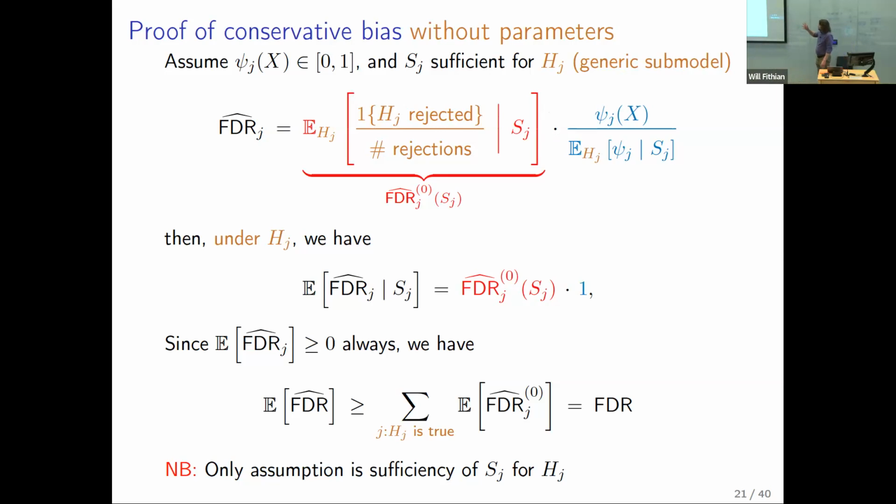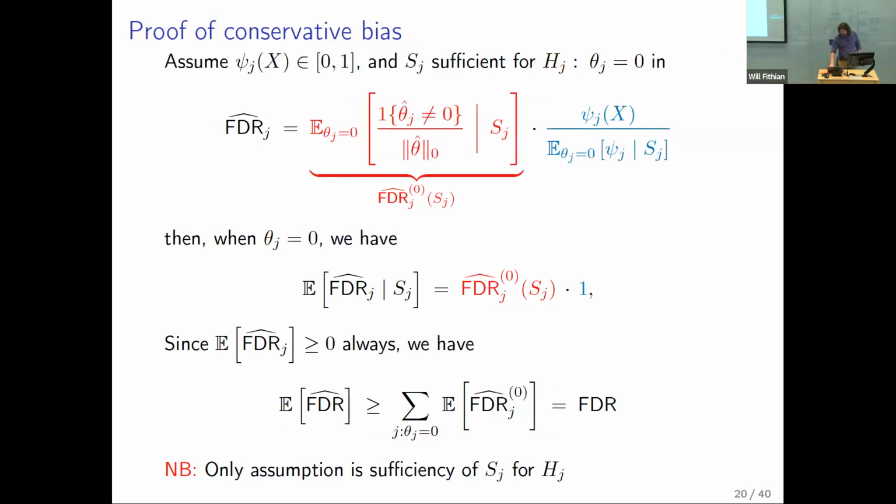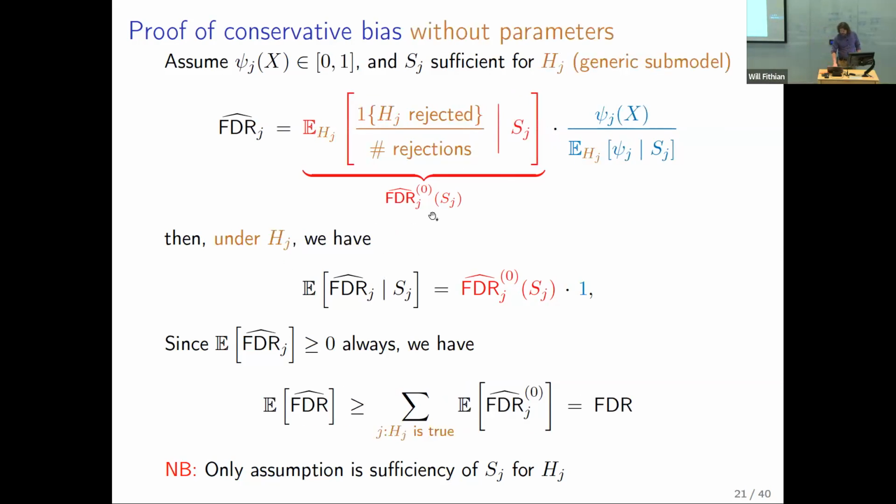Generally speaking, as long as we have some sufficient statistic for any generic submodel, we can replace what we had here, and mutatis mutandis, we still have the same proof.